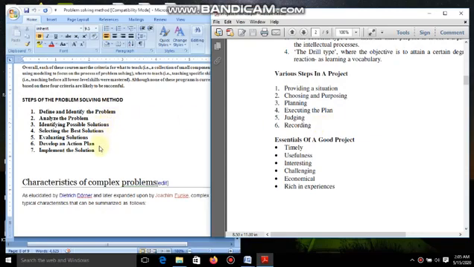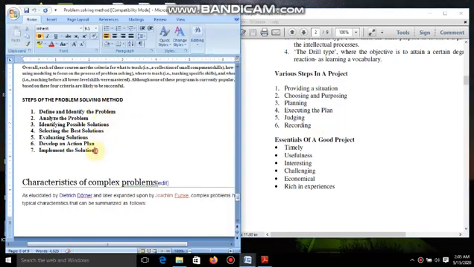Here, in parallel to these steps, let us observe how these two are similar or different. First, steps of problem solving method, if we are going to use problem solving as a method of teaching. Another one is if we use doing a project as a method of teaching.